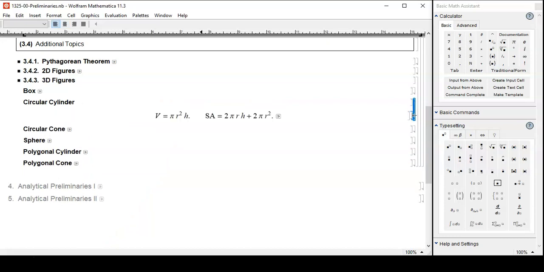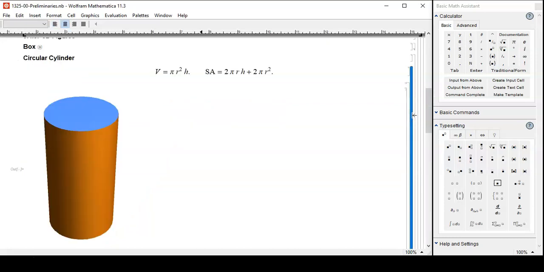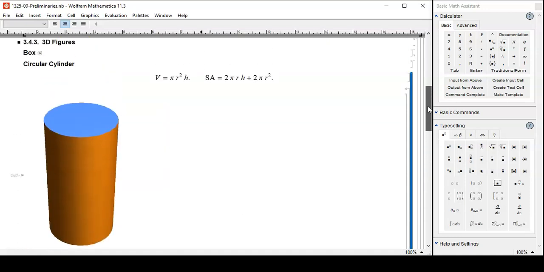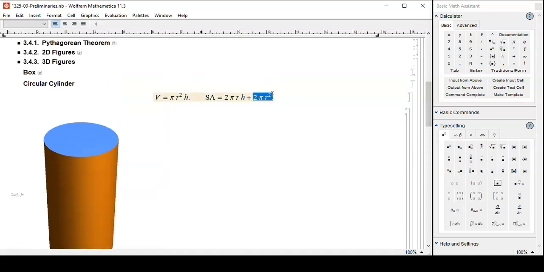Circular cylinder, volume is pi r squared, that's base, times height. So yeah, base area times height. But what about the surface area? Well, this is a side, and that's a top circle, and that's a bottom circle. So top and bottom circles are pi r squared, and there are two of them. That's the radius.